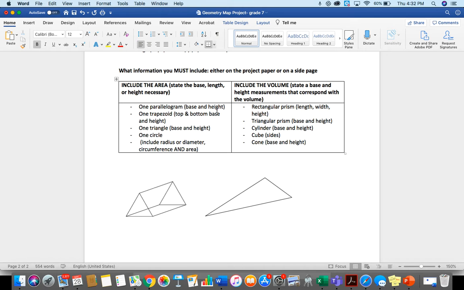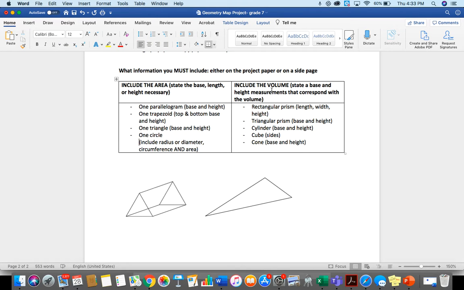So you have to state base, height, and area. If your base is 2 centimeters and your height is 2 centimeters, your area would be 4 centimeters squared. Okay? And then it says one trapezoid, top and bottom base and height, one triangle, base and height, one circle, so you can include radius or diameter, circumference, and area. Okay, so just remember that for all of these, you must include the area.